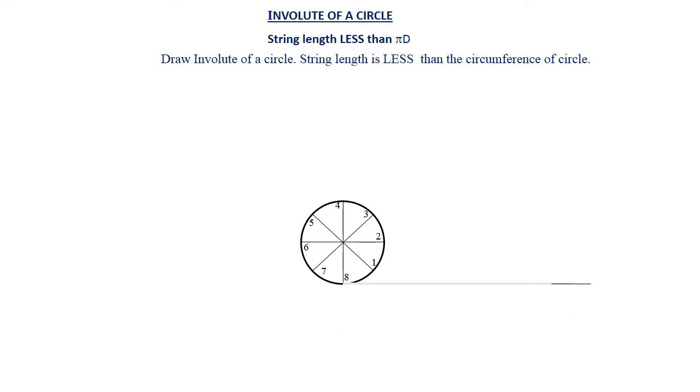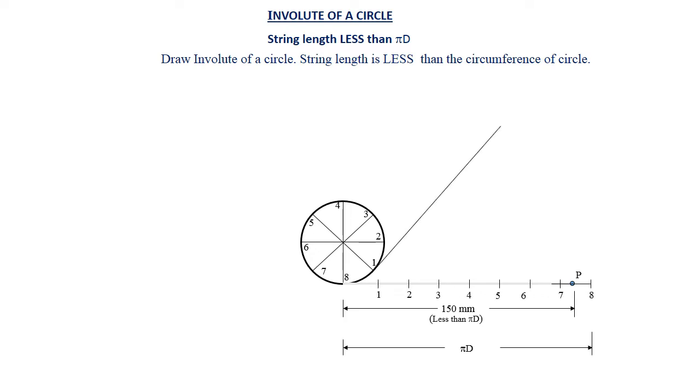Through the bottom point 8, draw the given length of string, that is 150 mm. In this case it is less than the circumference, and pi d is more than the length of the string. So here we divide the pi d distance into 8 equal parts, not the length of the string.